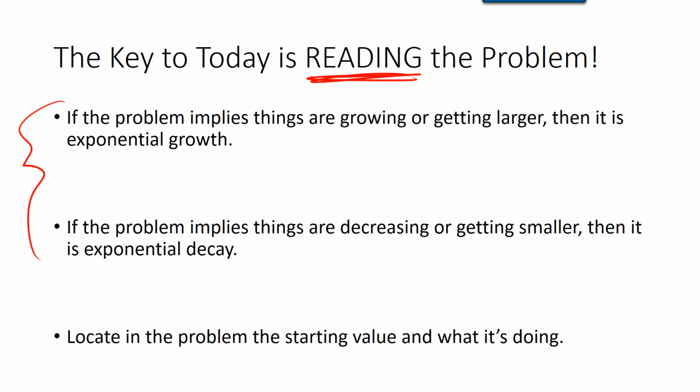Now, if the problem implies that things are growing, getting larger, getting bigger, then it's exponential growth. Okay, and that's important because all the work we've been doing so far, if it's exponential growth, our b value is bigger than 1. So when we write our problem, our b value needs to be some number bigger than 1.